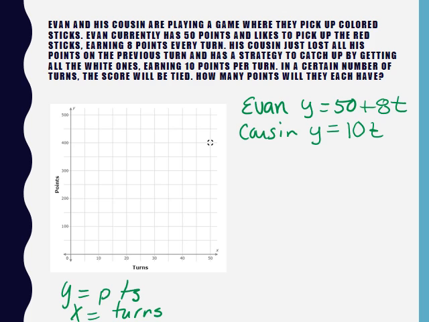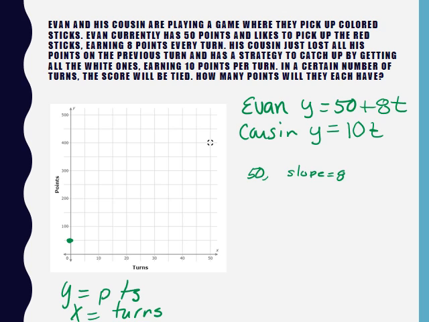The first equation for Evan, the y-intercept is 50, and the slope is 8. So if I go to 50, the slope of 8 might be hard to tell on this graph. So what we can do is just plug in some numbers.